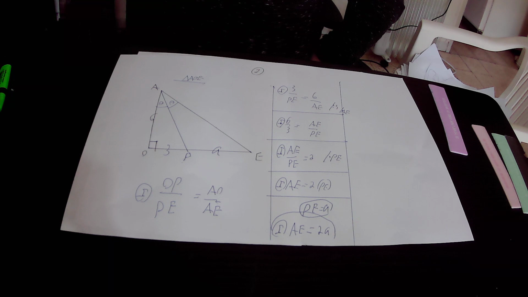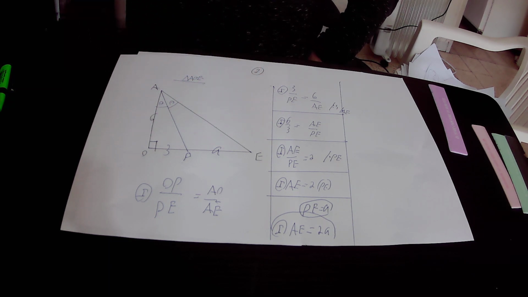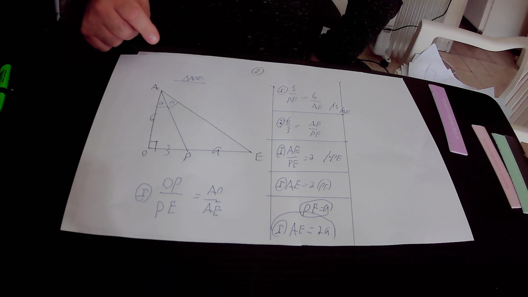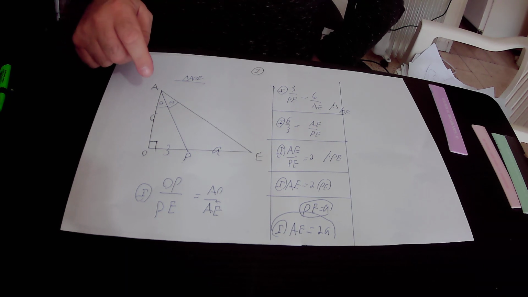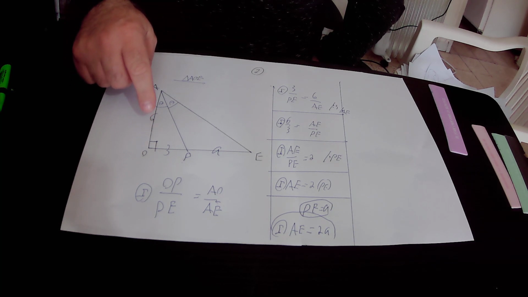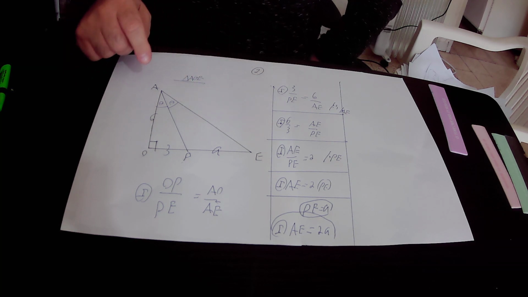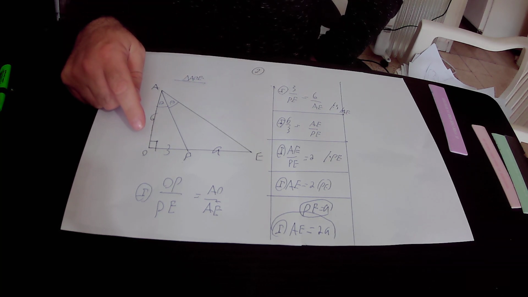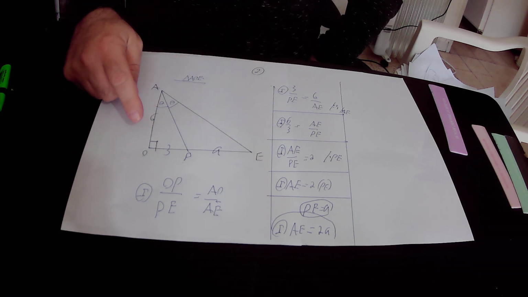And the ratio between those two parts is OP over PE, and that ratio, according to the angle bisector theorem, equals the ratio between the angle's legs. The angle that is bisected into two halves is angle OAE, and angle OAE has two legs.